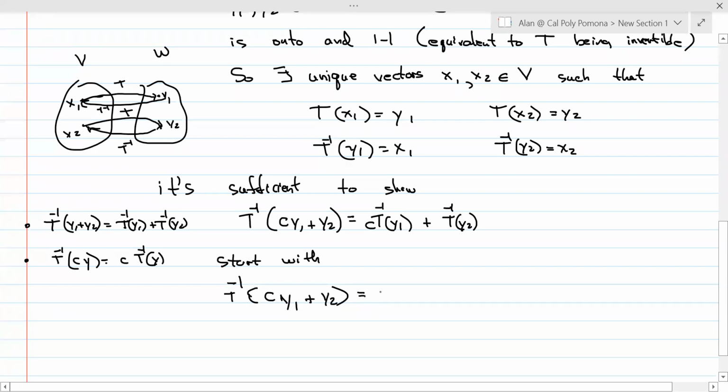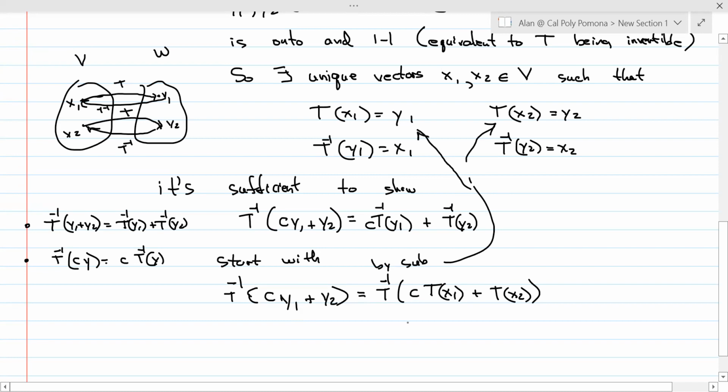So this is the same as T inverse of c times, but y1 is T of x1, and y2 is T of x2. So from here to here is just by substitution of this and this. And let's see, yeah, I think I have the parentheses matching up. Okay, so that's just substitution.